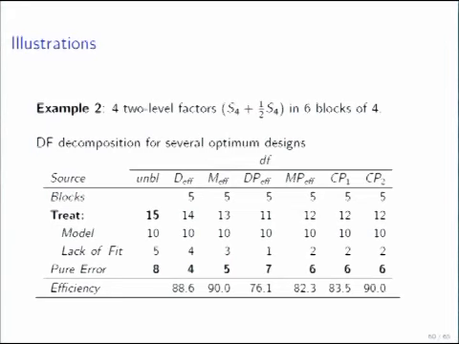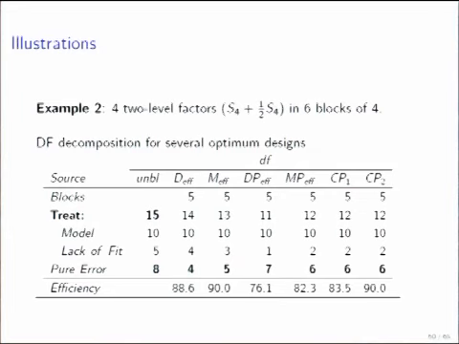This is just another example for a two-level factorial in 6 blocks of 4. We have 16 distinct treatments, and 8 of them are duplicated. So we have 15 degrees of freedom for treatment, 8 for pure error, and 5 for lack of fit on the non-block design.